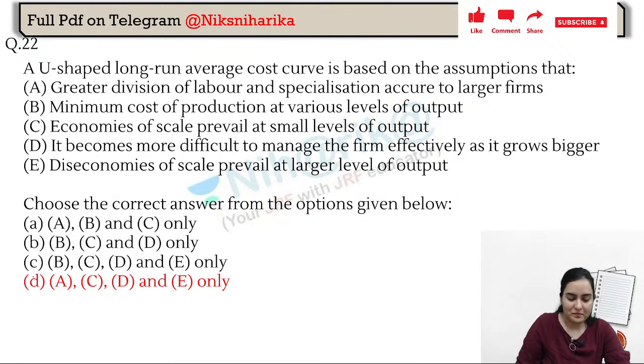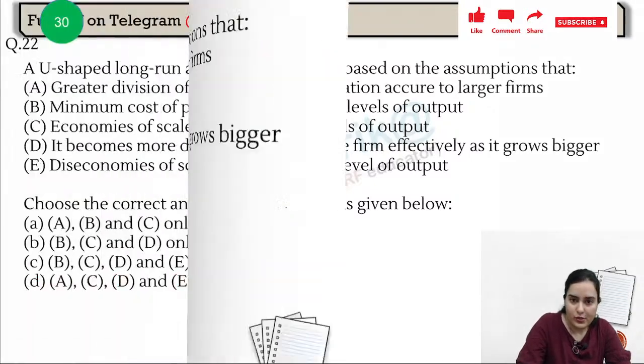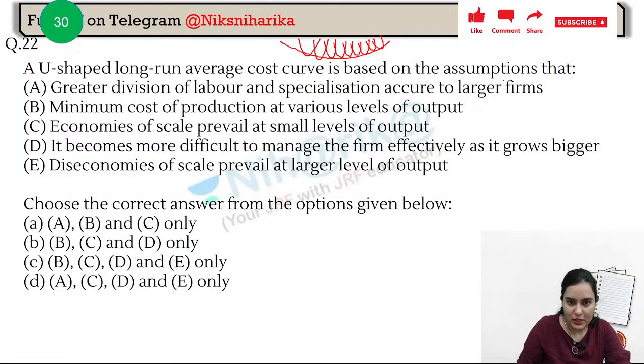So see how come? Because I have drawn this one also. This one we have done in the plus class also. That is option B: minimum cost of production at various levels of output.